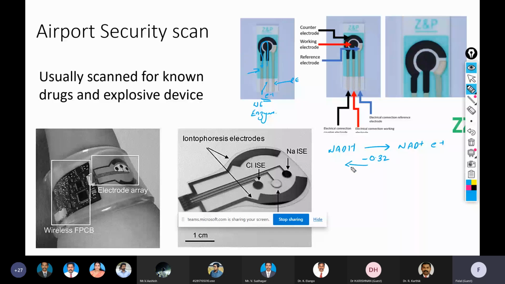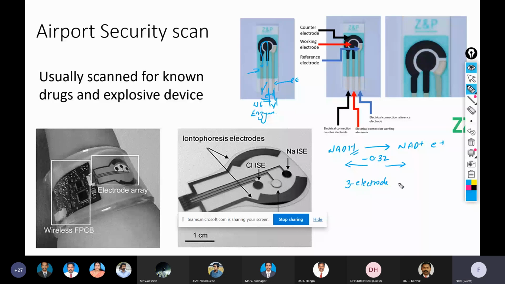If you go lower than this potential, or if you go higher than this potential, this reaction may not happen, or it may not happen at a very high rate. So the job of this reference electrode is to maintain a particular voltage between the working and the reference electrode, and the job of the counter electrode is to complete the circuit. So this kind of system is called the 3-electrode system that is very commonly used in electrochemical sensors.